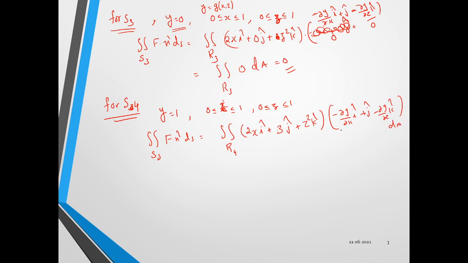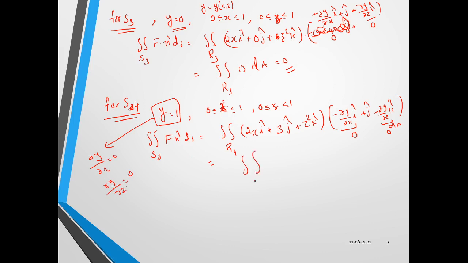So what is dou y by dou x? 0, and dou y by dou z is 0 because y is equal to 1.